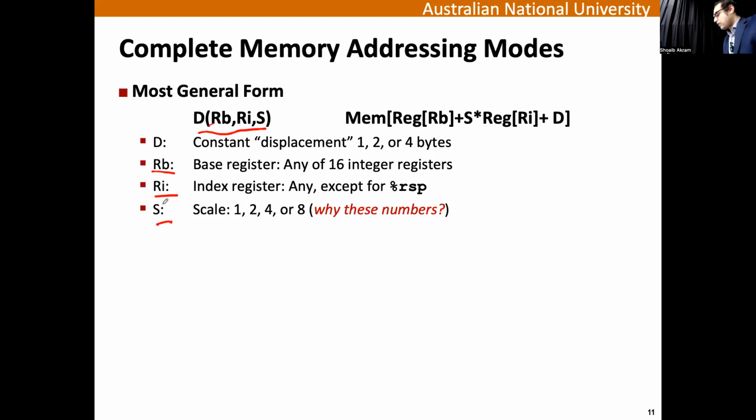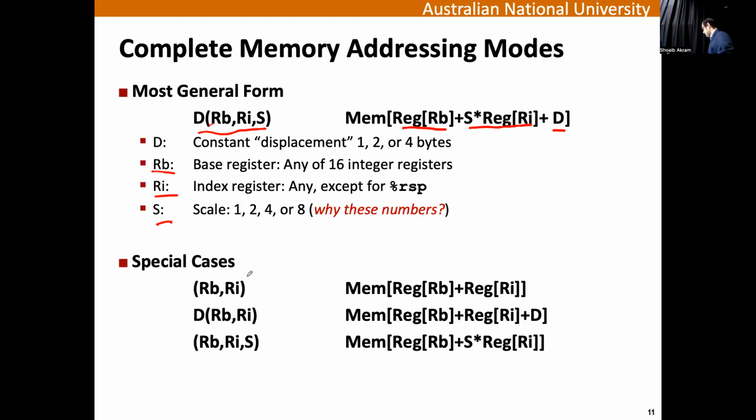So what happens in the end is you add the contents of the base register, you multiply the scaling factor with the index register, and you add the displacement, and you go to that memory location. Now, let's see a very quick example. And then there are special cases where you omit some things in certain cases.